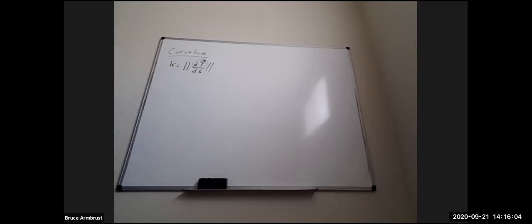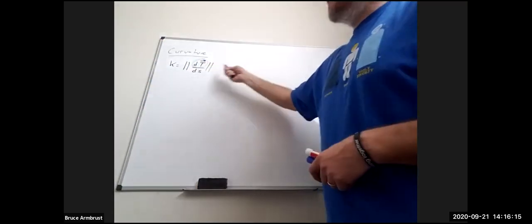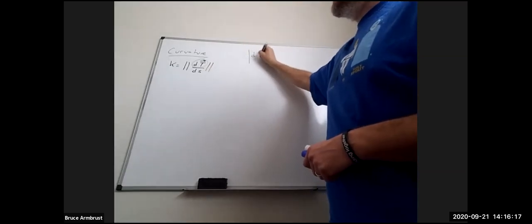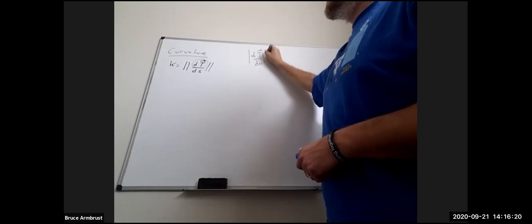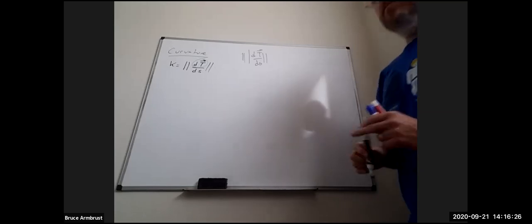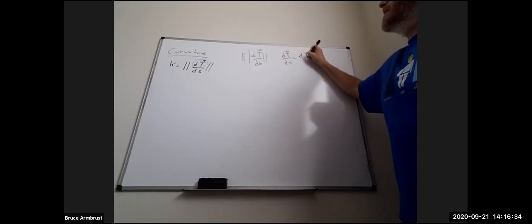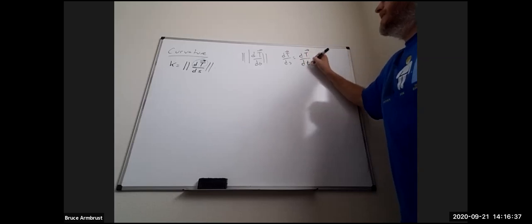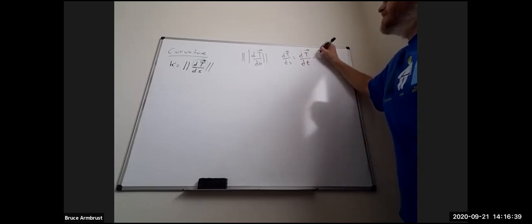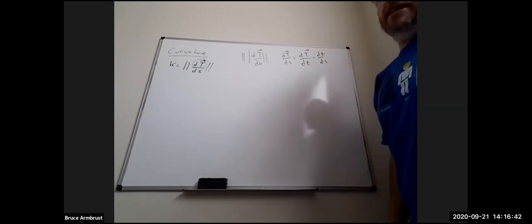Okay. So I'm going to give you a couple more formulas, but this next one we're actually going to develop, building it using this definition. So think about what we're doing. We're doing dT/ds, and we're getting it in terms of its magnitude. But what we do know from the chain rule is that dT/ds is going to equal dT/dt times dt/ds.